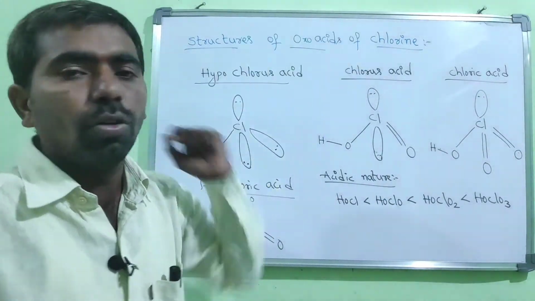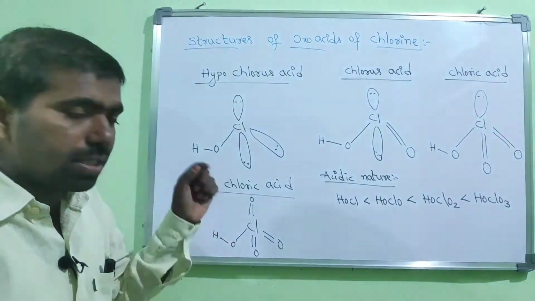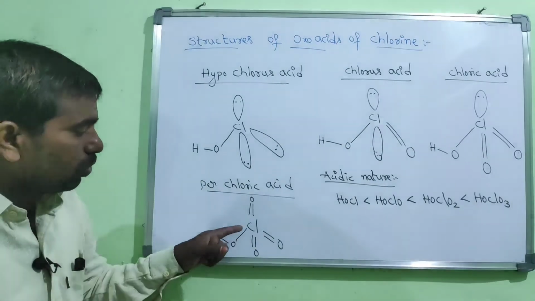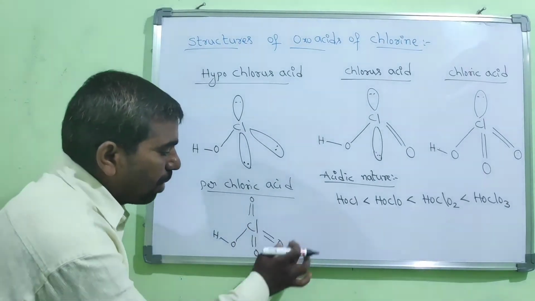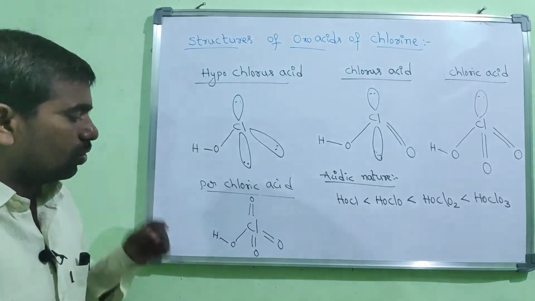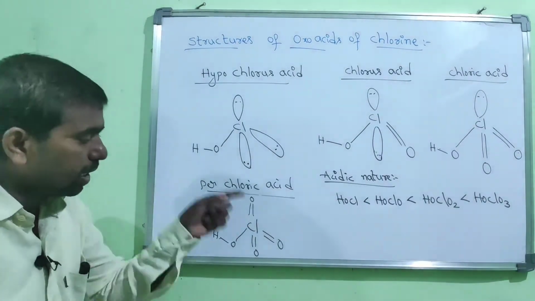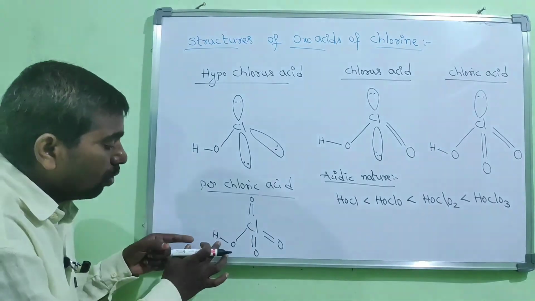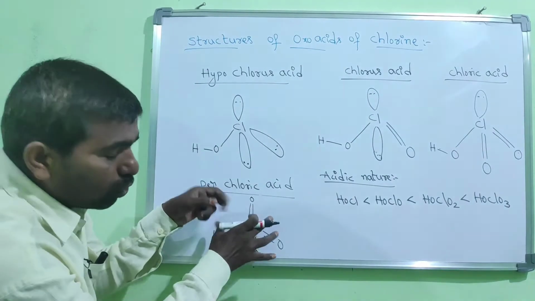Observe here, in HOClO3 there are 3 oxygens bonded with double bonds. Compared to chlorine, oxygens have more electronegativity and attract the bond pair according to electronegativity. So the electron density at the chlorine completely reduces, and chlorine tries to attract the bond pair toward its side. Now the release of H+ easily takes place. That's why it is a strong acid.